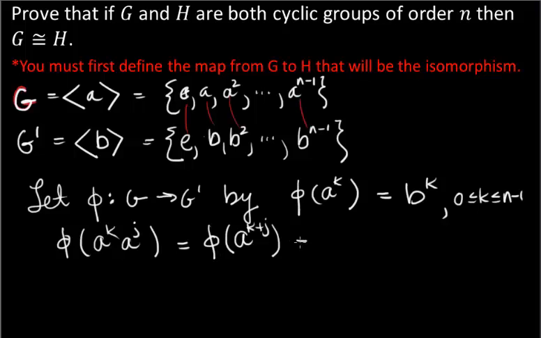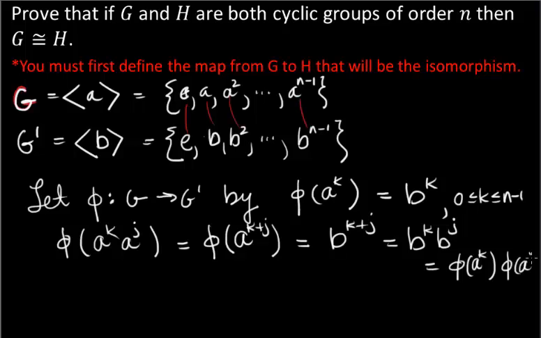But that's equal to, under our definition, B to the k plus j, which is B to the k, B to the j, and that is phi of A to the k, phi of A to the j. So we have, it is a homomorphism. So we got that. Phi is a homomorphism. First thing we need.